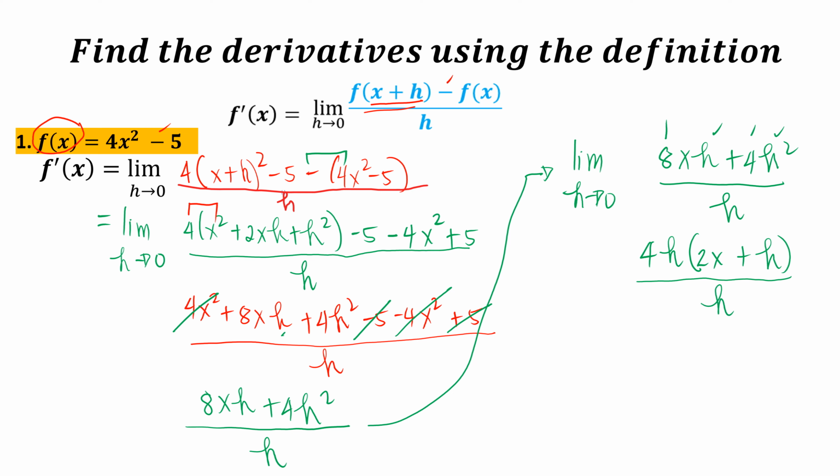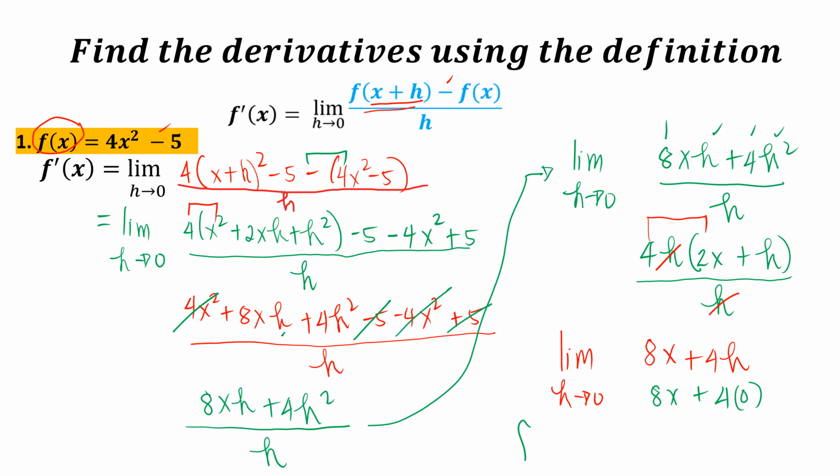And please try to see that the h in the numerator and the h in the denominator are common. Thus, we will give you a quotient of 1. So the remaining term is 4 times 2x is 8x plus 4h. And since it is the limit as h approaches 0, instead of having 8x plus 4h, we have 8x plus 4 times 0.